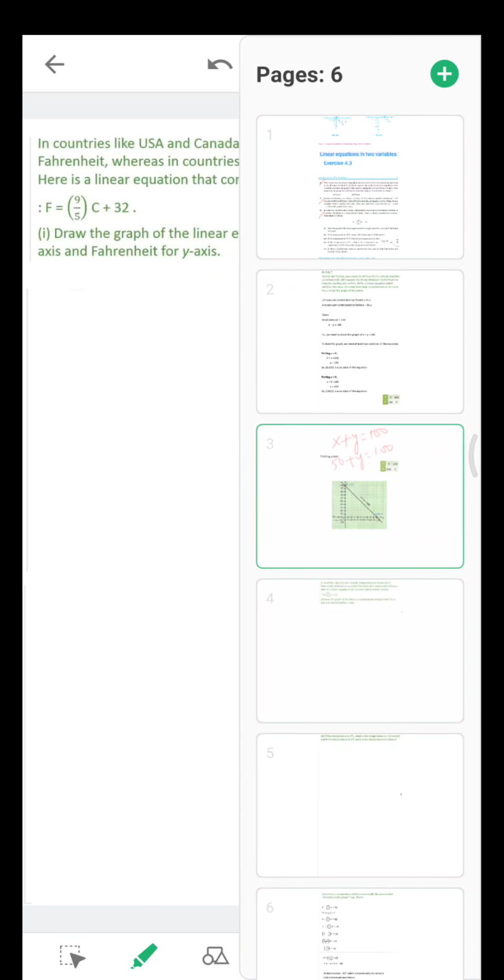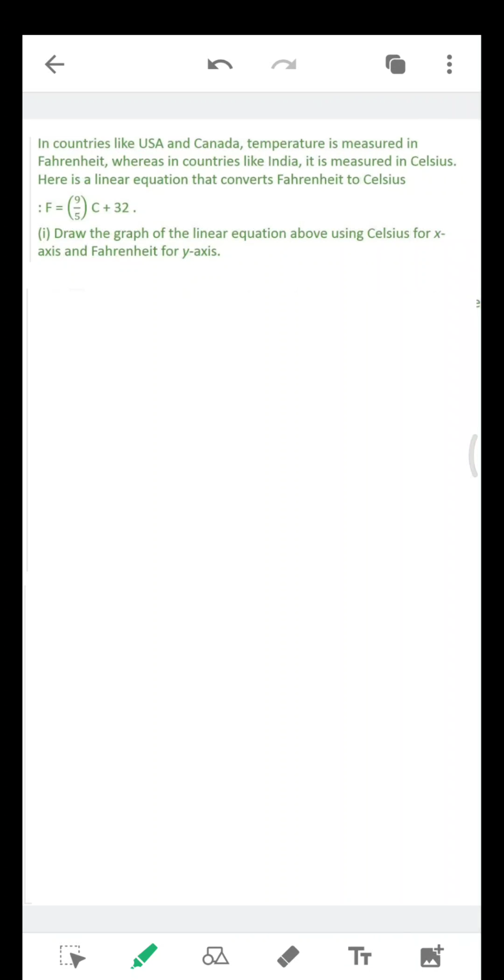Let's go for the other question now. In countries like USA and Canada, temperature, so in India temperature is measured in which units? In Celsius, but in some foreign countries, temperature is measured in Fahrenheit. You know there are different scales for measuring temperature. So Fahrenheit is used in foreign countries, and we measure in Celsius.